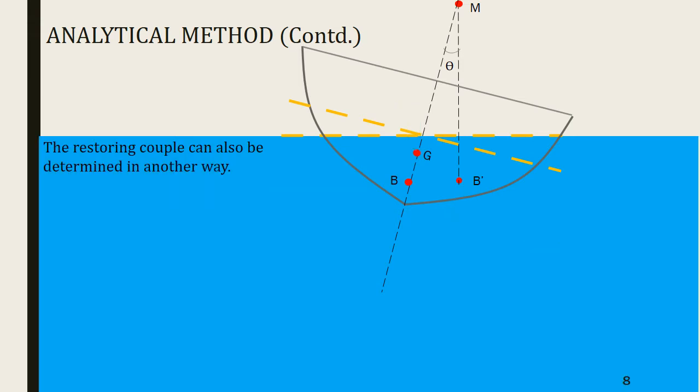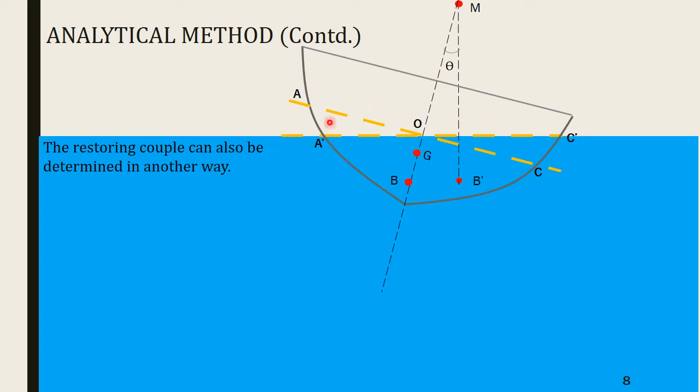Now, the restoring couple that we found by writing it as FB into BM into theta can also be found in a completely different way. We are considering two wedges here, AOA dash and COC dash.